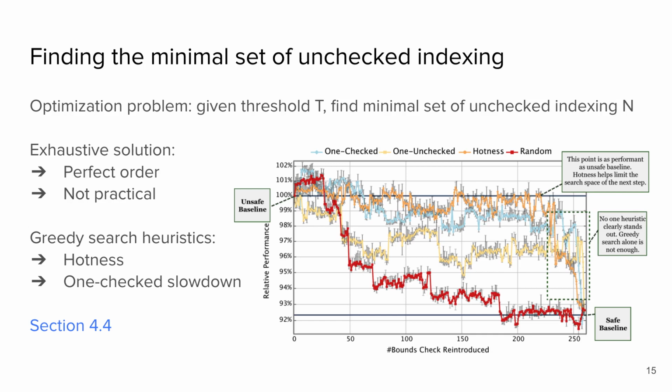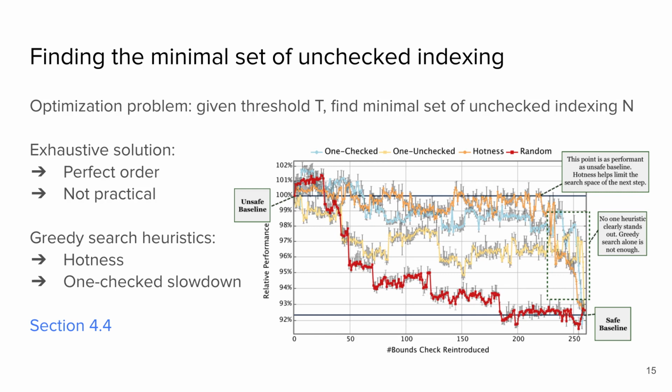When the overhead of checked indexing is larger than the threshold, NADER finds a minimal set of unchecked indexing to leave in the application. This amounts to solving an optimization problem, but while an exhaustive solution would return the best order of bounds checks to reintroduce, getting it for a program with only 20 unchecked indexing operations would take almost 11 days to complete, so this is not feasible.